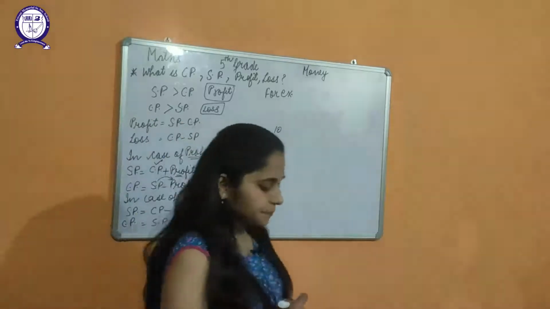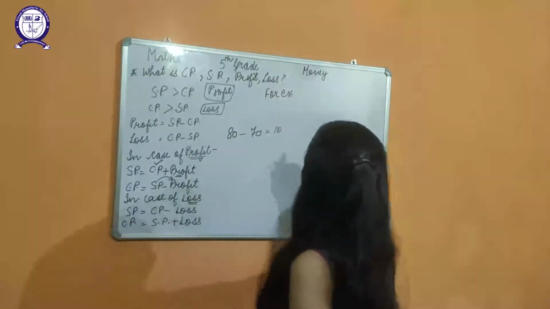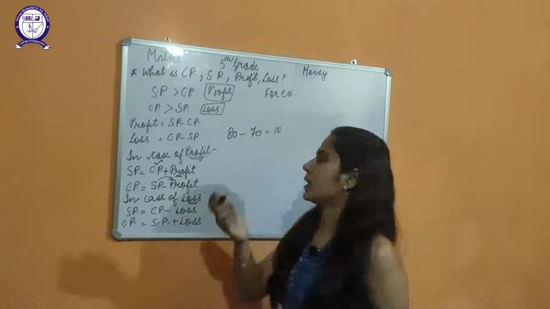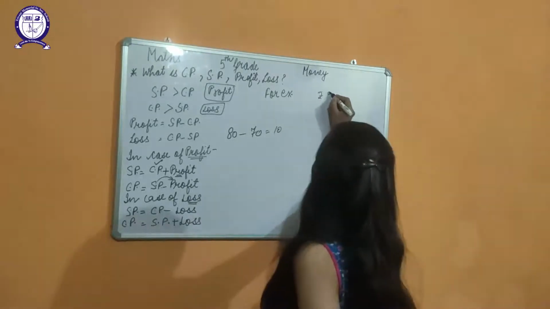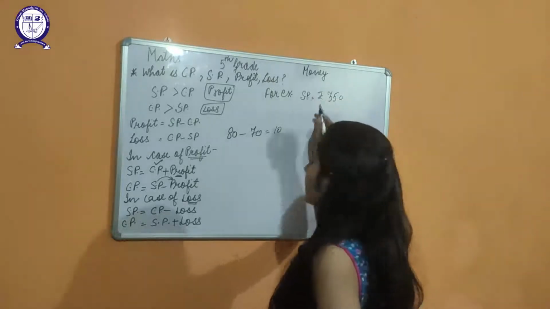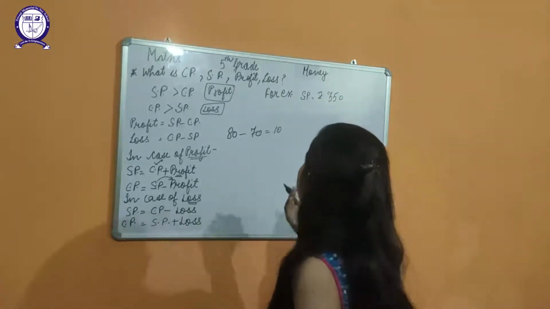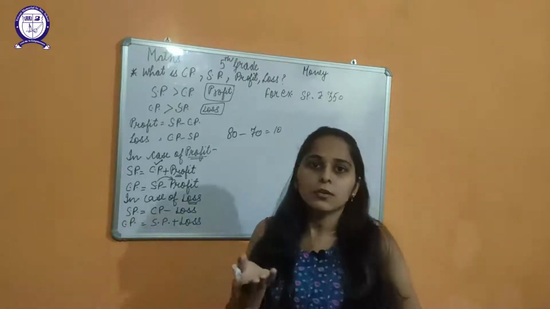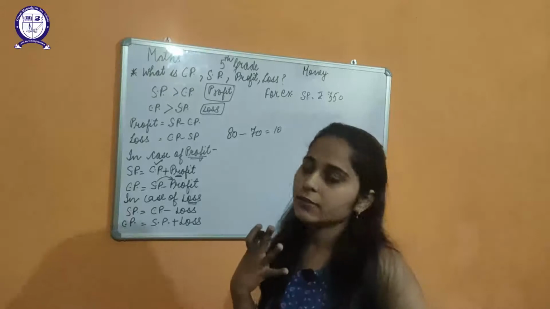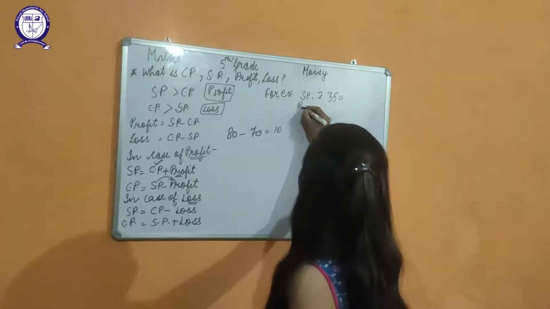Suppose there is one shopkeeper that gave you one thing, any material or shirt, at rupees 350. For that shopkeeper, that is SP. And he is saying that I have earned 50 rupees profit in that.